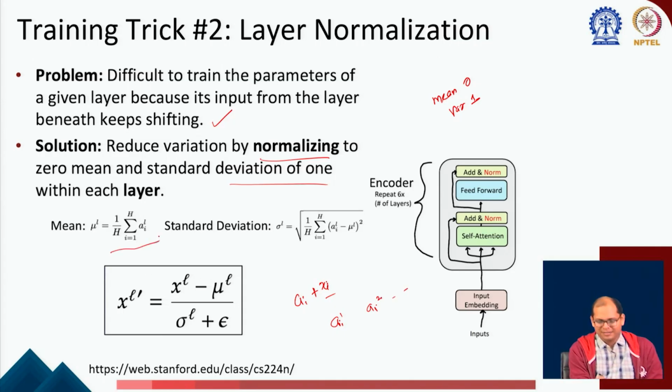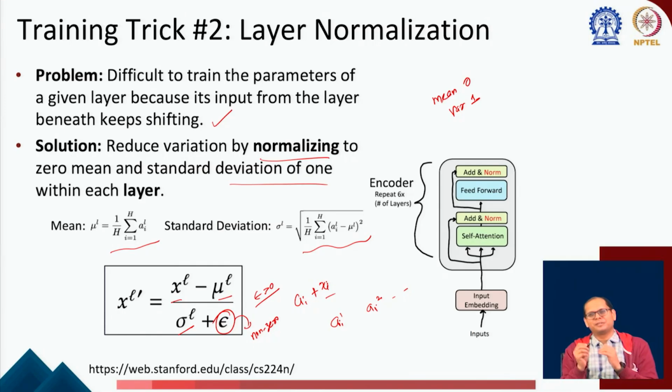You take the mean and standard deviation and then put it back by the standard formula: subtract the mean, divided by standard deviation plus some epsilon term. The epsilon is a very small positive parameter that ensures that whenever all values are the same and the standard deviation is 0, you don't have a divide by 0 problem.